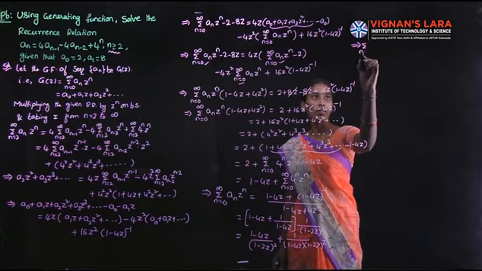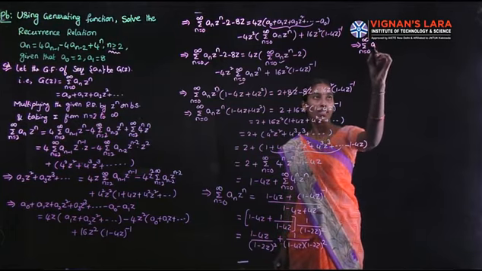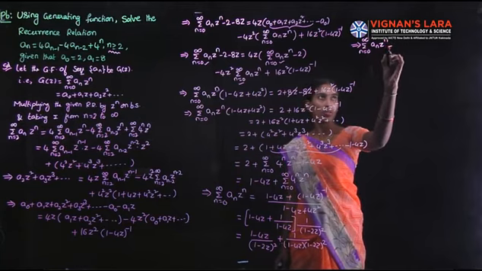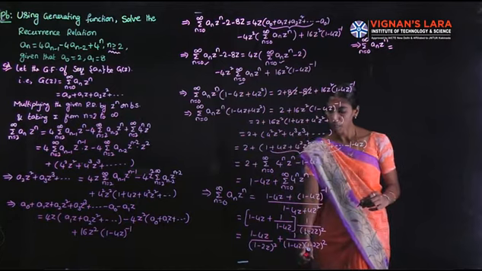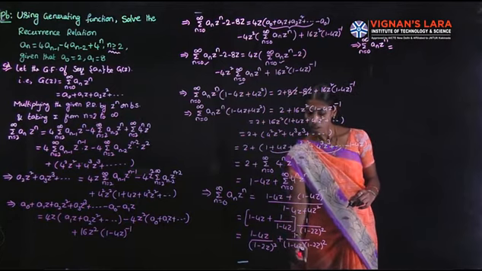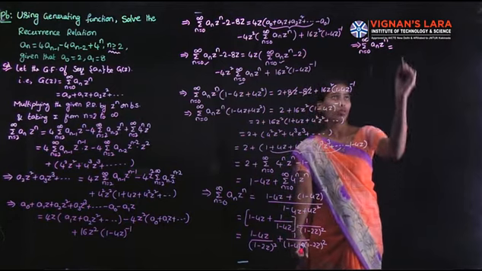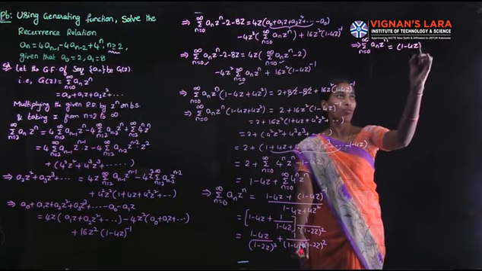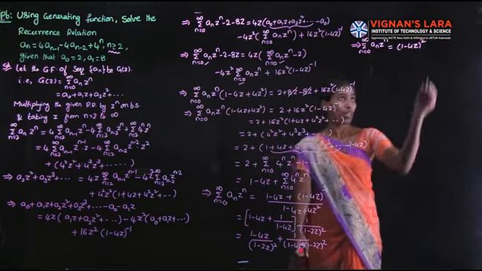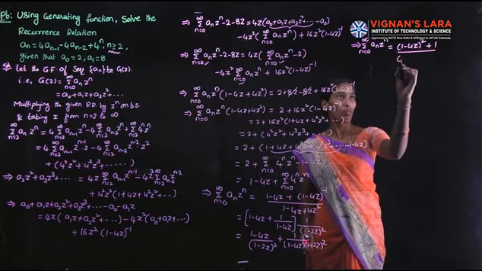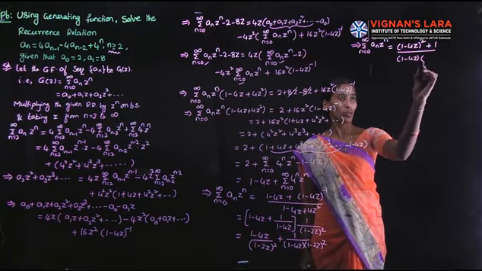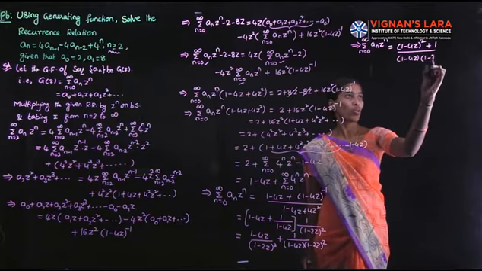Sigma n equal to 0 to infinity a_n z^n is equal to, on the right side apply the LCM, it becomes (1 minus 4z) into (1 minus 4z), that is (1 minus 4z) whole square, plus 1, and the whole LCM is (1 minus 4z) into (1 minus 2z) whole square.